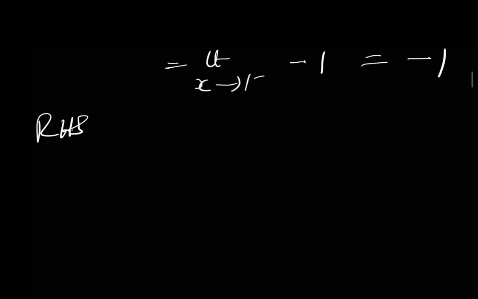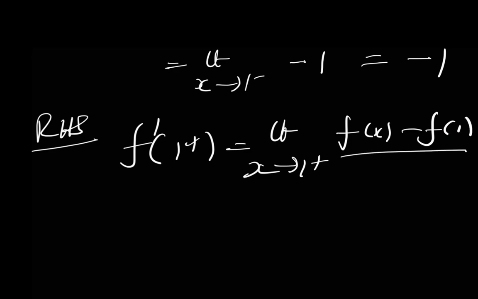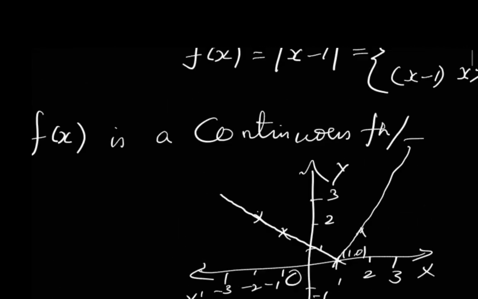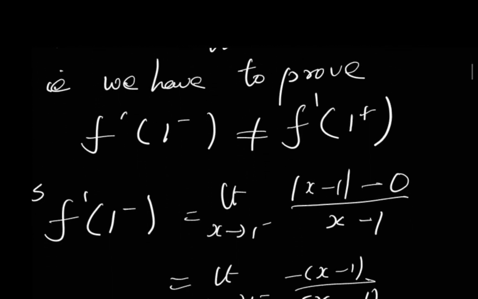Take the right hand side, f dash of 1 plus, that is limit x tends to 1 plus of f of x minus f of 1 divided by x minus 1. For 1 plus, the positive side, for x greater than 1, we get the function as x minus 1.